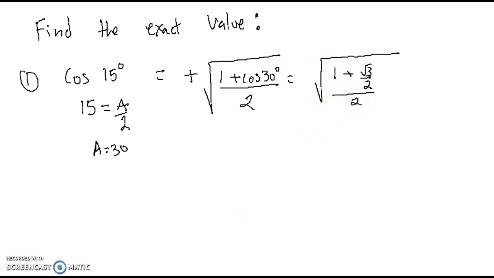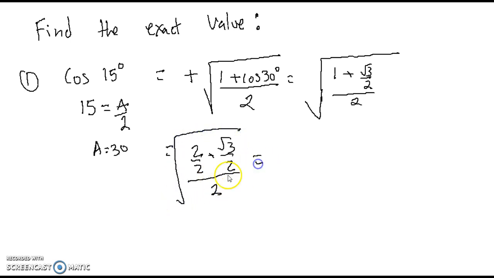Okay, and make sure that your radical does include the denominator, right? So all of it's going to be included. Make it be a common denominator. So 2 plus root 3 over 2, and then all of that's divided by 2. Right? The 2's basically move into the denominator.